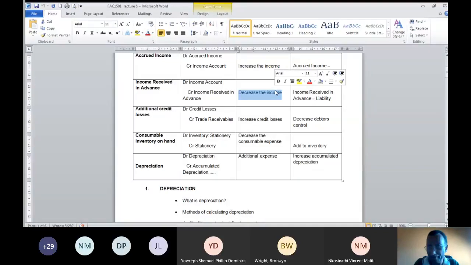Like the example of rental now, guys, in your trial balance, there will be 13 months worth of rental there. You only want to know what's the rent for the current financial year, and therefore you will have to subtract, decrease the amount of income received in advance from the amount in the trial balance.